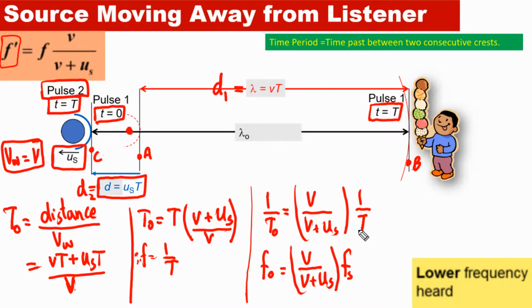So 1 over T, the time period of the wave, is equal to f_s.